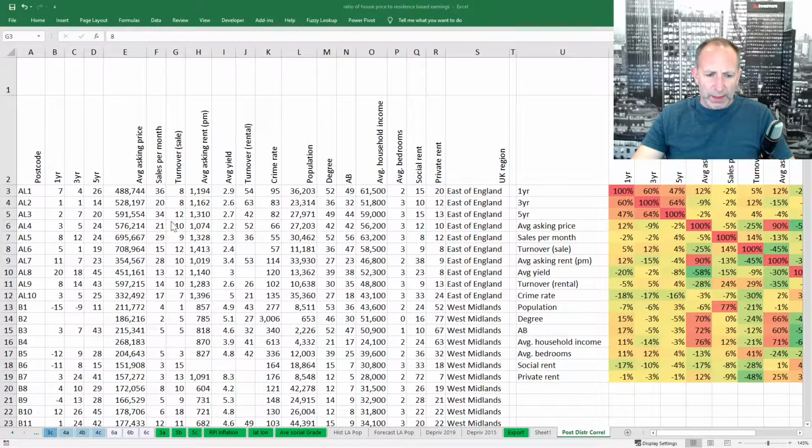It's a bit like asking price in that it's the rent that's advertised. Now, what I notice with average asking rent is that it's not necessarily the rent that's agreed between tenant and landlord. We will never know what that number is because it's private. But at least we can work with the average asking. Generally speaking, the average asking price for a property is typically 4 or 5% higher.